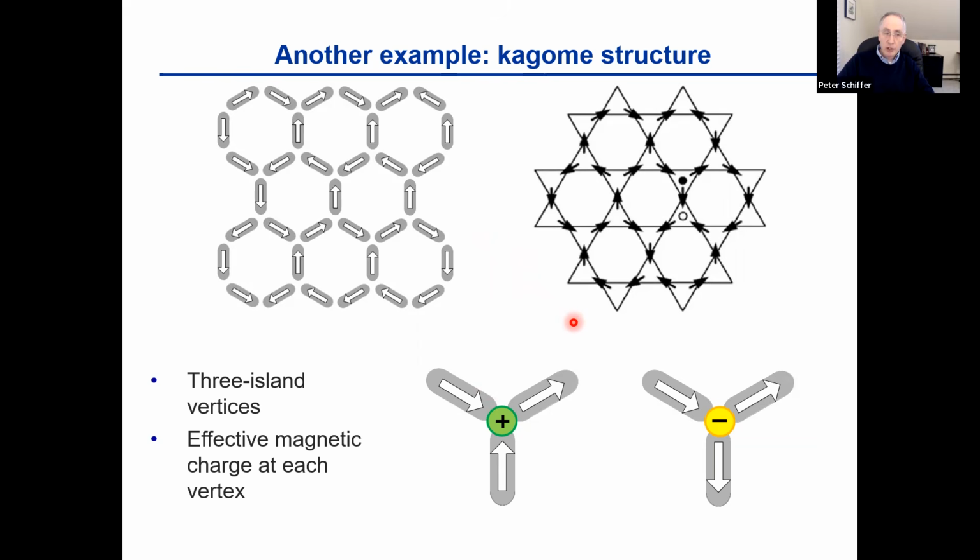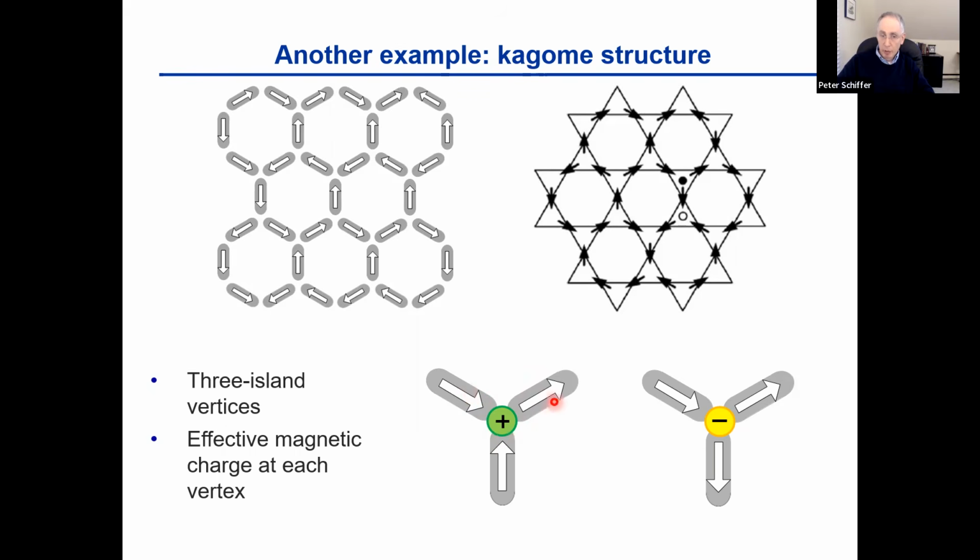What's interesting about this system is that at each vertex, rather than having four islands meeting, you have three islands meeting. And what that means is that, because there's an odd number of islands, you have an effective charge necessarily at every vertex.